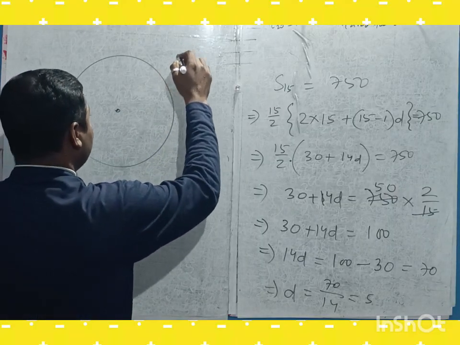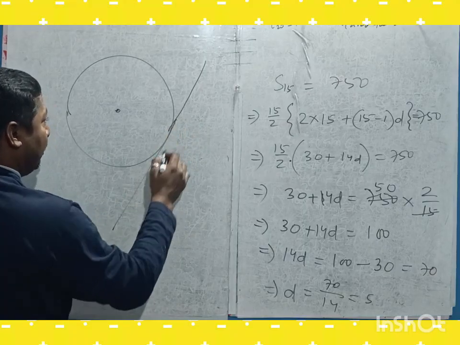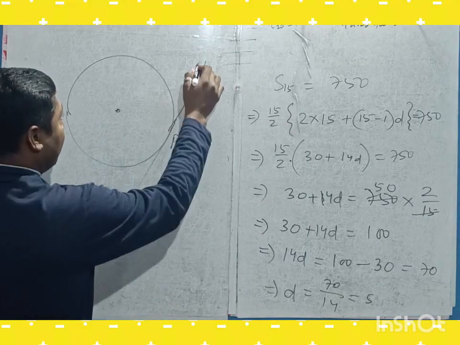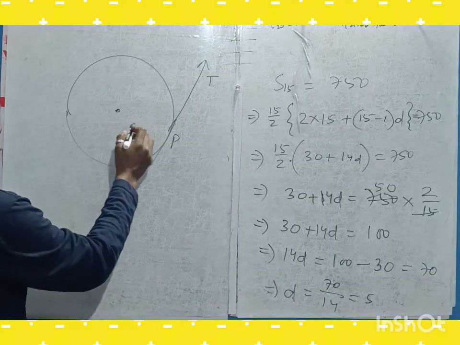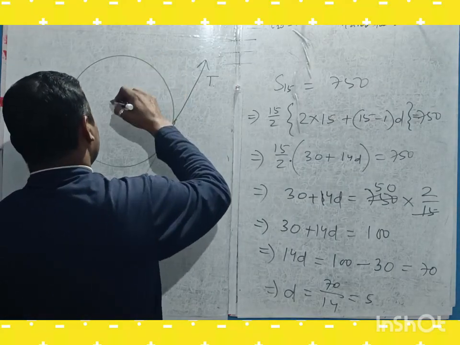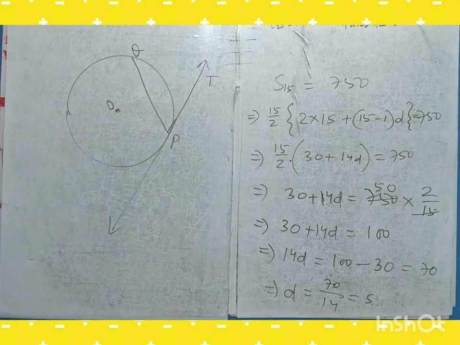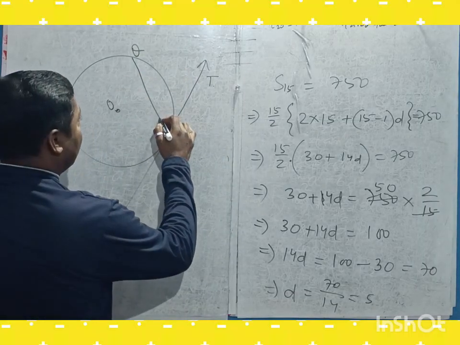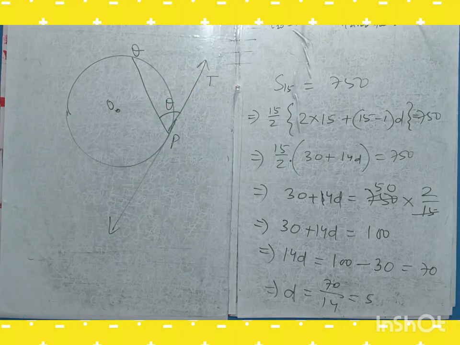If there is a tangent here at point, suppose P, this is the tangent T. If there is a chord, this is the center, and this is a chord PQ, and it makes an angle theta here, QPT. That's QPT is theta.